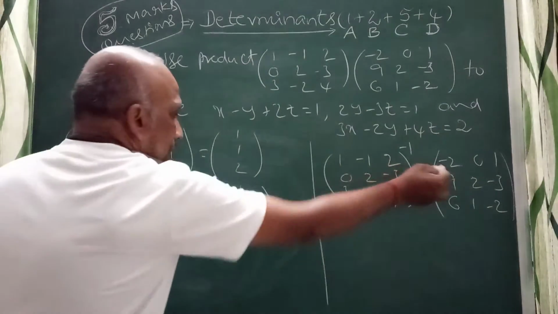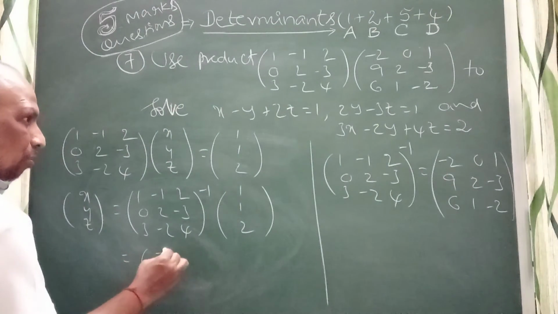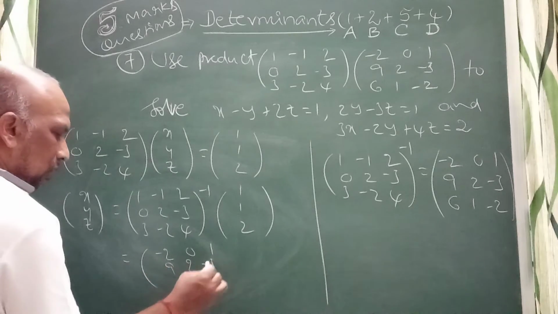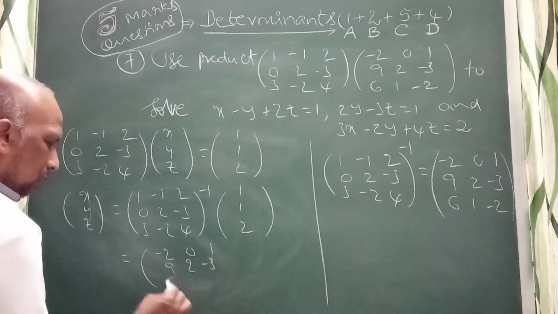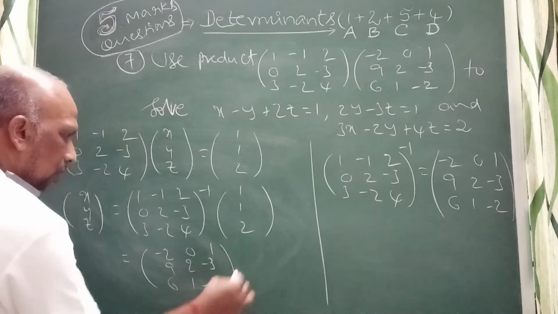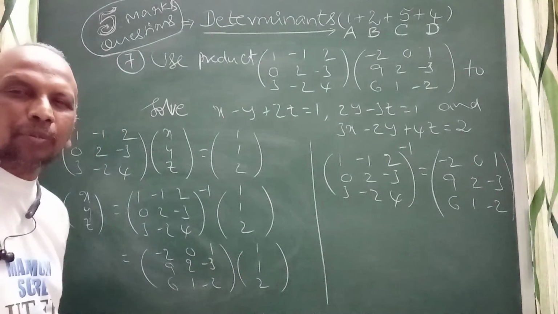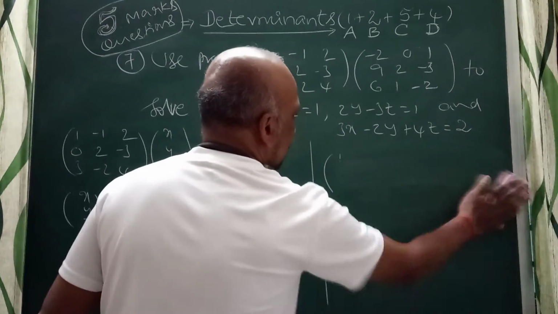The inverse of this is this matrix, right? I can write minus 2 0 1, 9 2 minus 3, 6 1 minus 2 into 1 1 2. When you multiply this, you can find the values of x, y, z.